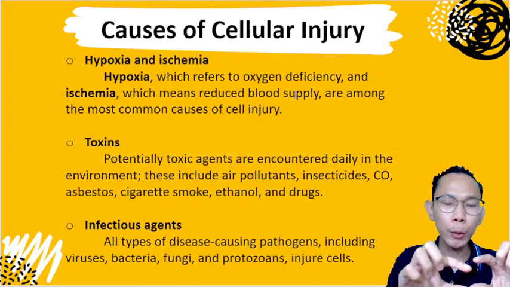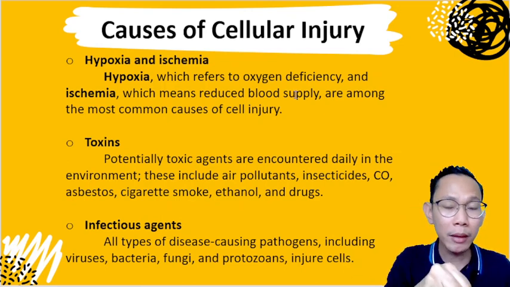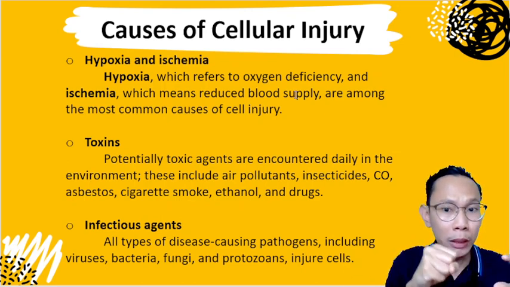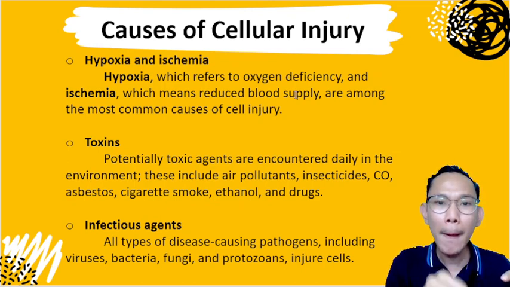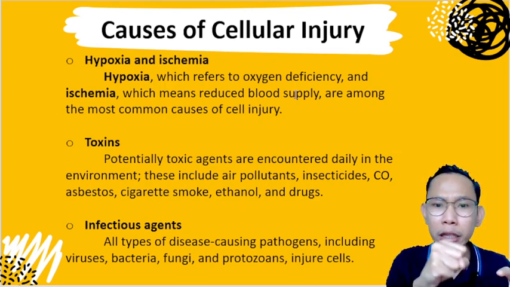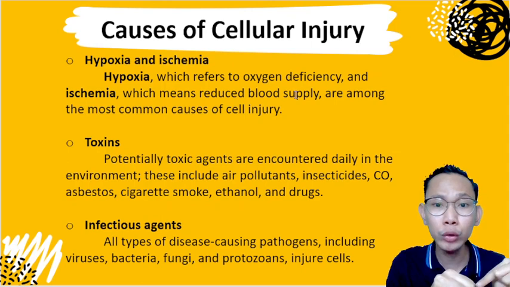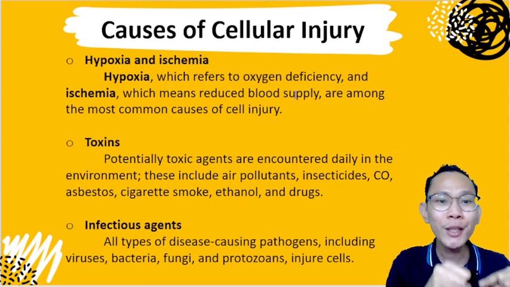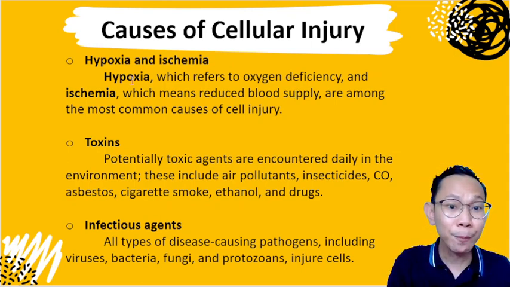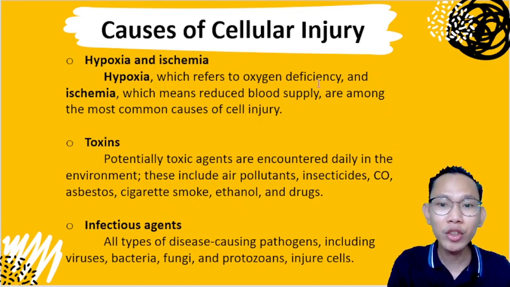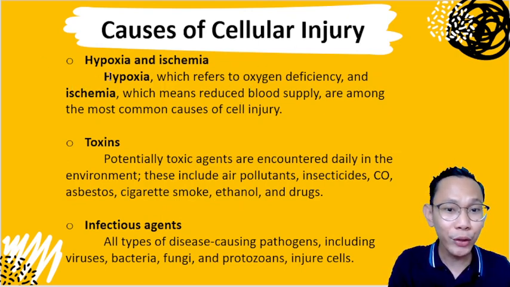For example, your blood vessel is being blocked by a clot. Then there will be a reduced blood supply. Pag may reduced blood supply, is there enough oxygen that can pass through to that certain organ? Of course, wala na. So the end result of your ischemia is oxygen deficiency. That is why your ischemia is just under your hypoxia, and the most common cause of your hypoxia is ischemia.